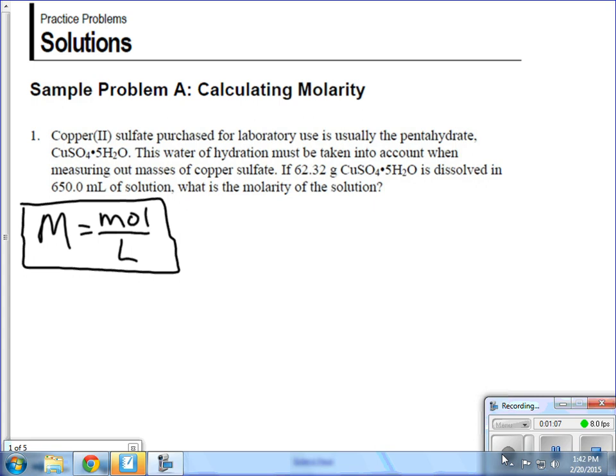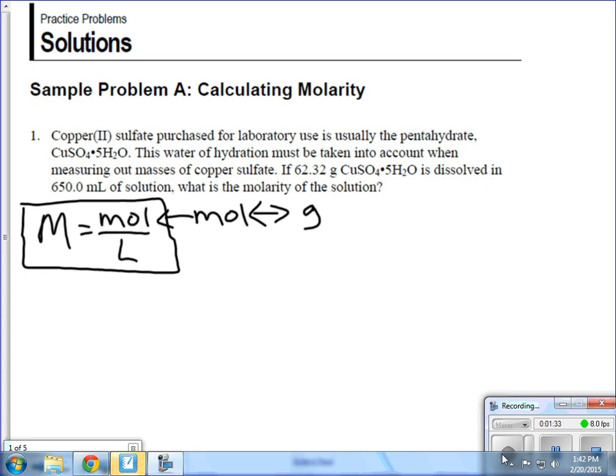Another thing you need to know, sometimes they give us values in moles, sometimes they give us values in grams, and we know how to convert between the two. So if we have moles, we can use the mass from the periodic table to get us grams. And it works the other way. So in this problem, they give us grams, and we have to go backwards, get the answer in moles, and then we can plug it into this formula.